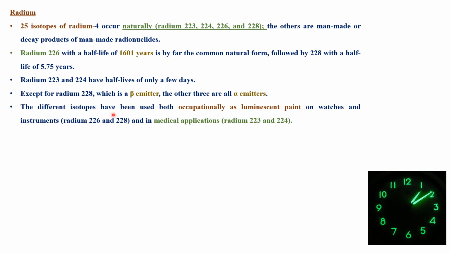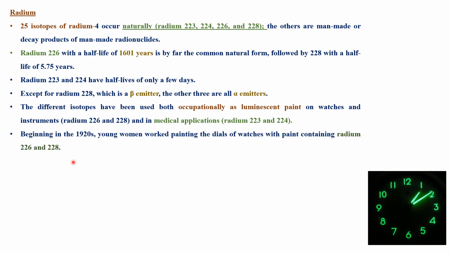The different isotopes have been used occupationally, as I said, because of their luminescent property. They have been used on watches as well as in instruments, as you can see here, 226 as well as 228. For medicinal purposes, because of their shorter half-life, 223 and 224 are used.